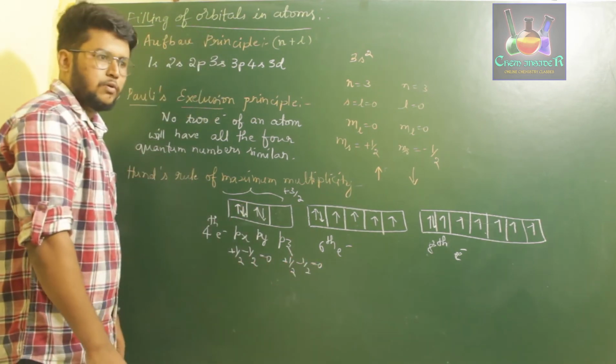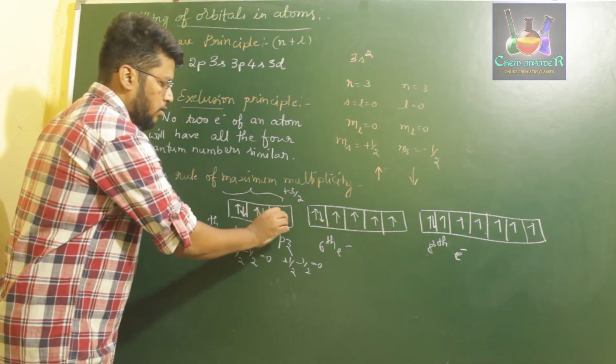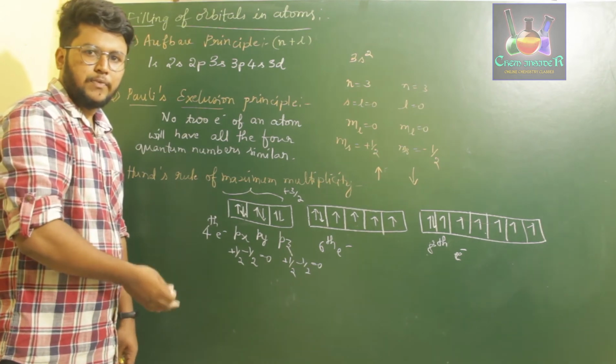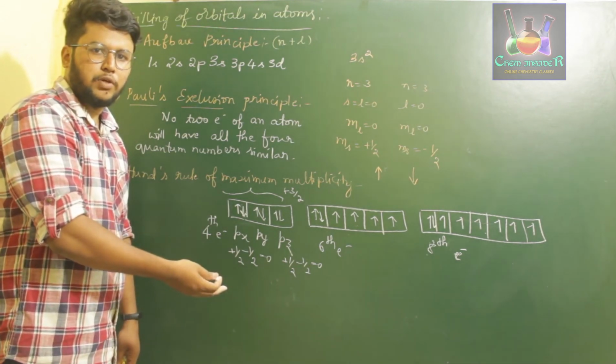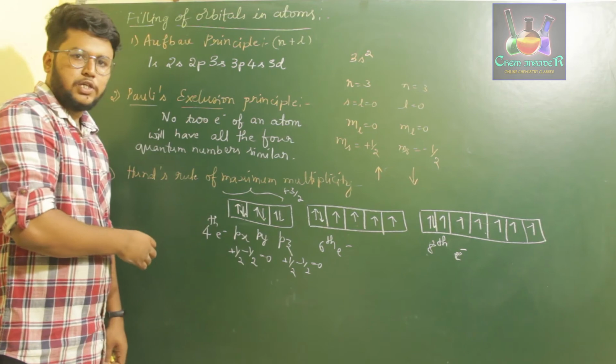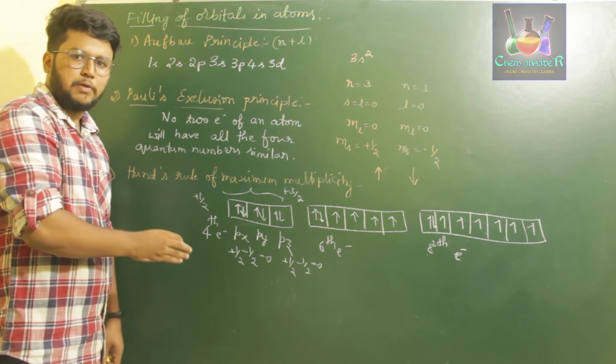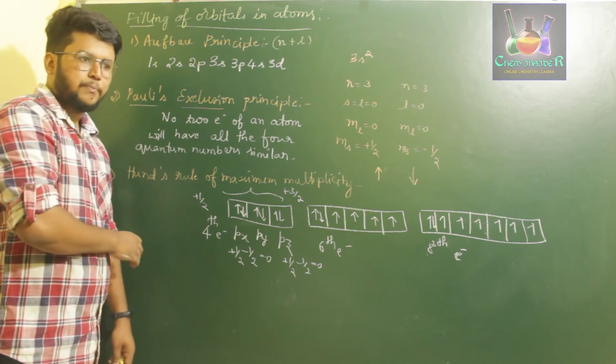Now the spin will be 0. Again it will be 1 by 2 or 0. So clearly, if you start pairing initially, the maximum spin value obtained will be plus 1 by 2.